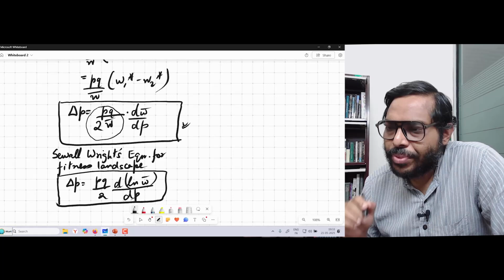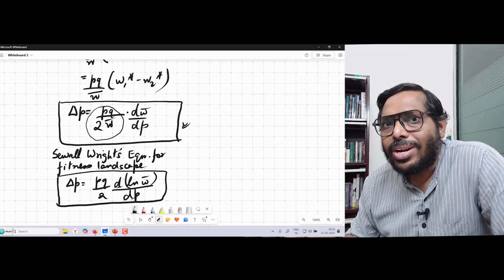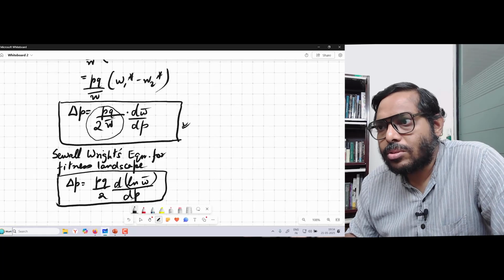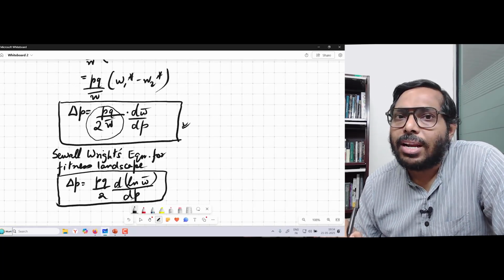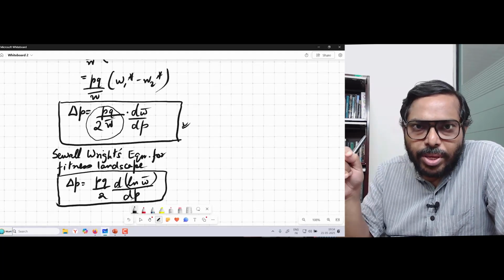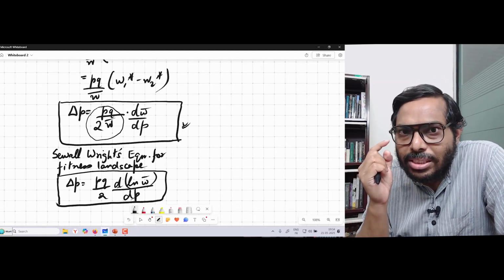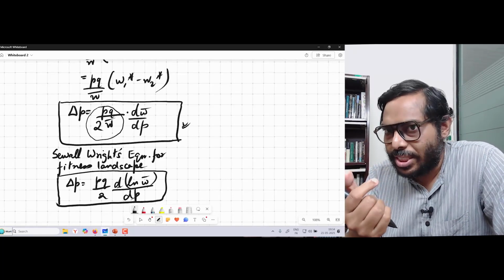That implies that the sign of delta P is going to be equal to the sign of dW bar dP. Now, what is delta P? Remember, delta P is P dash minus P, which means by how much the allele frequency is changing in one generation due to selection.